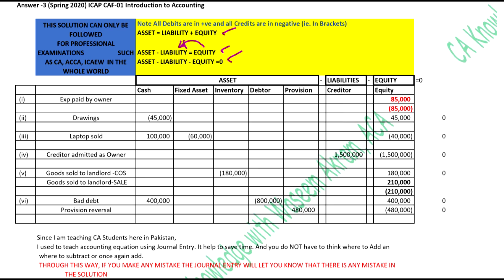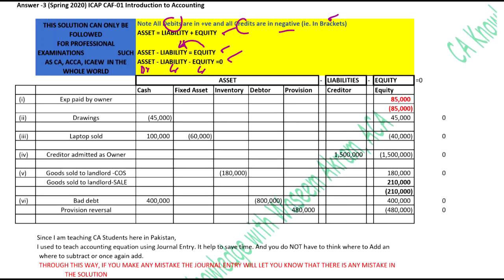Now, if I write debit as positive and credit as negative, or in brackets, this becomes the journal entry. Assets has debit. Liability credit, it means that has to be less. Equity credit, this has to be less.